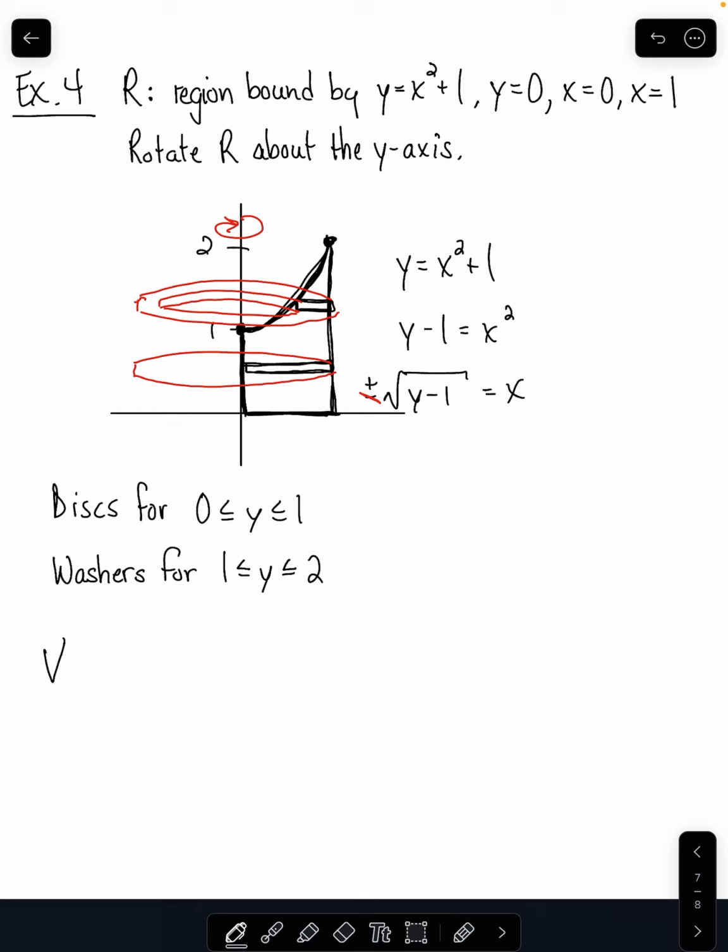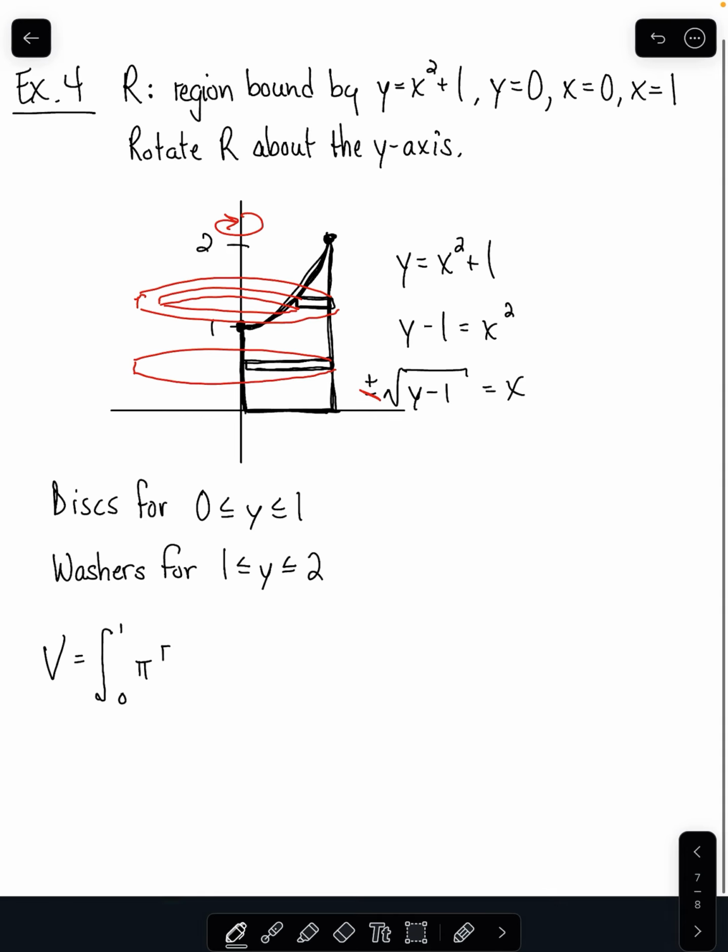So we're going to have to do two integrals here. From 0 to 1, our integral is of pi times, well, 1. On that region, the sideways height of the rectangle is always 1. Every single disk in that region is going to be identical in how thick it is and how wide it is.